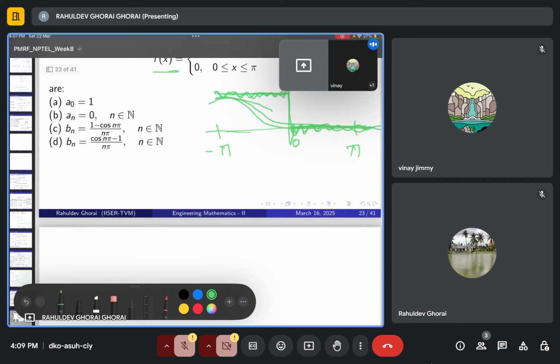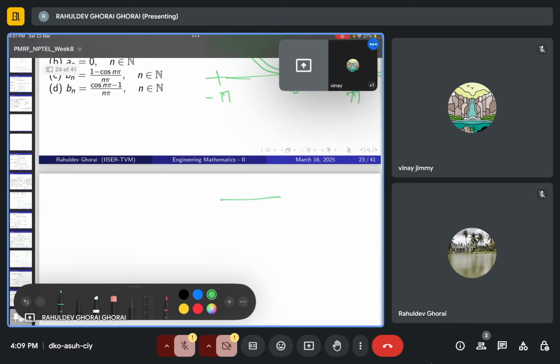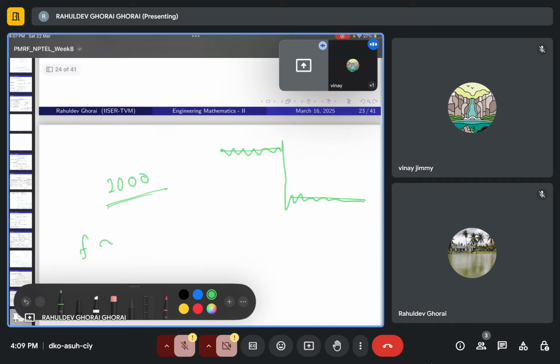Okay, these two lines are there, and after many terms, if you take maybe 2000 terms of the series, the function will look like this. That's why I write f is approximately this summation, n equal to 1 to infinity.